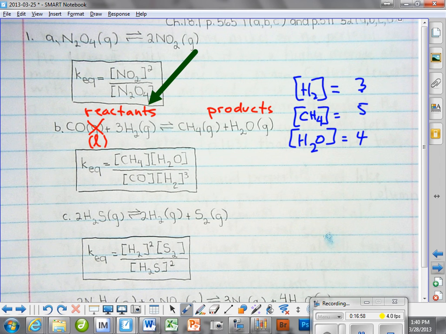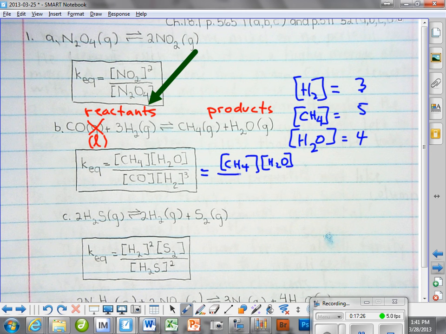Now here's the equilibrium constant. This one's a liquid. What do we do with it? Okay, so we have CH4 on top. What's the exponent for CH4? Oh, there's none. Okay, and water, there's none.